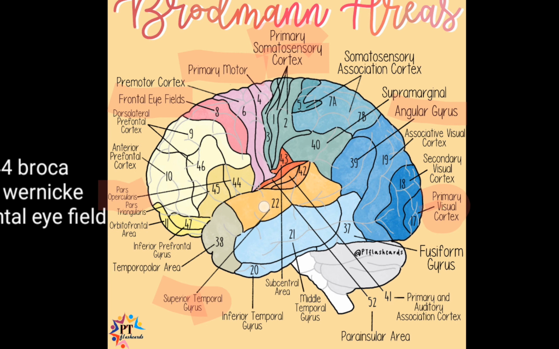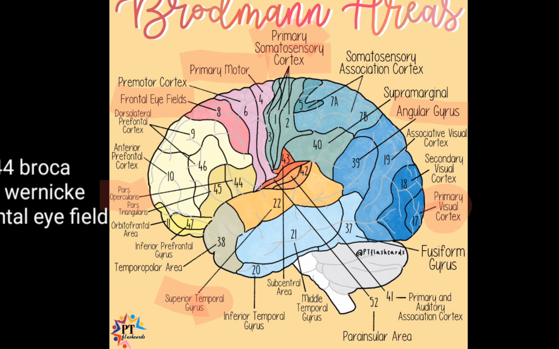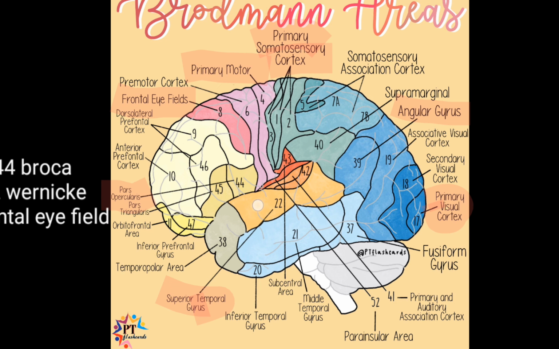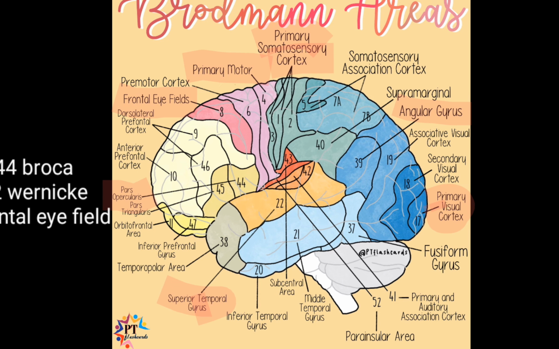Area 22 is also known as Wernicke's area, responsible for comprehension of speech, and injury to this will result in fluent aphasia. Fluent aphasia means the person is able to speak but not able to understand. Fluent or sensory aphasia.